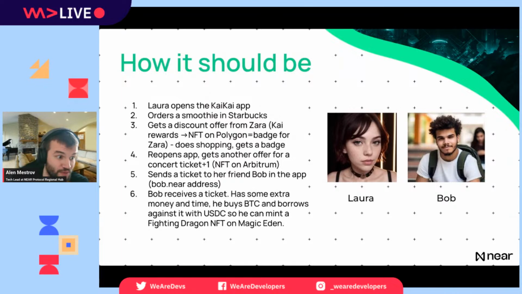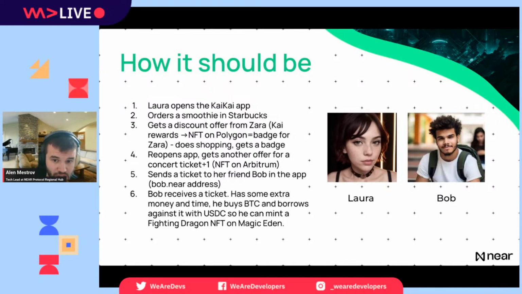So how it should be, and how I'm thinking it will be best to do it, is in a way that Laura opens one app, then she orders a smoothie in Starbucks. Automatically, she's granted reward points and an NFT. And she's automatically notified about this NFT.